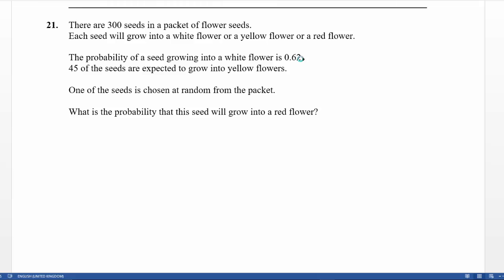Okay, now they're giving us some information already about the white flowers and the yellow flowers. We already know that there are 45 yellow flower seeds.